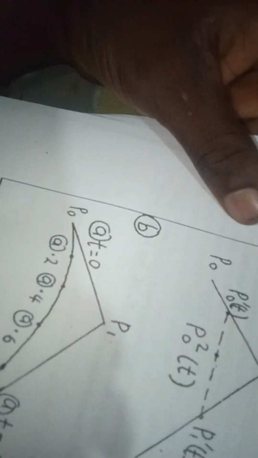Now repeat the linear interpolation step on these points again using the same t. Find the point P0,2(t) that lies the same fraction of the way between them. This is the de Casteljau algorithm.